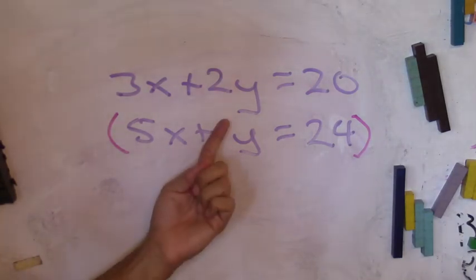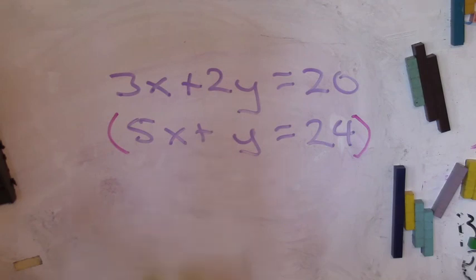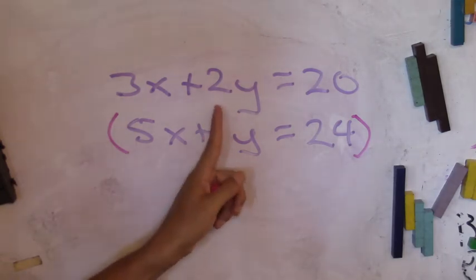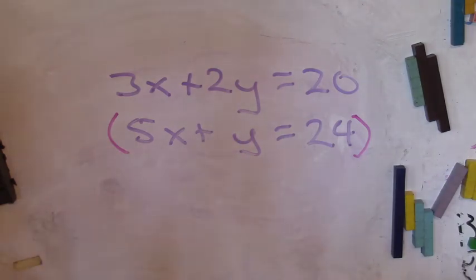I want 0. What do you think I should multiply by? You're gonna multiply it by something to make 0. Well, if I multiply by 0, the whole thing's 0. 1.